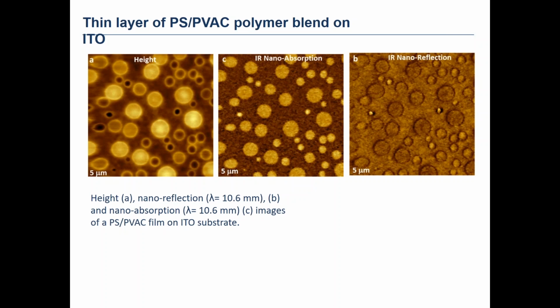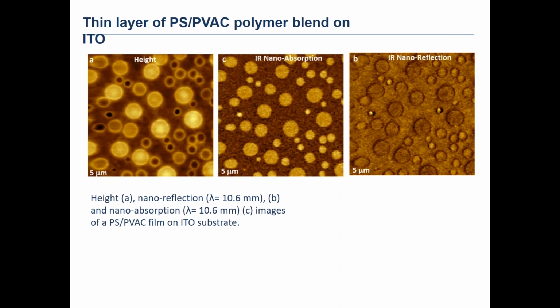But the infrared contrast in the absorption image gives us a clear response. All these inclusions are still the same color and still bright in this image, and then we can get information about the chemical composition of the sample.